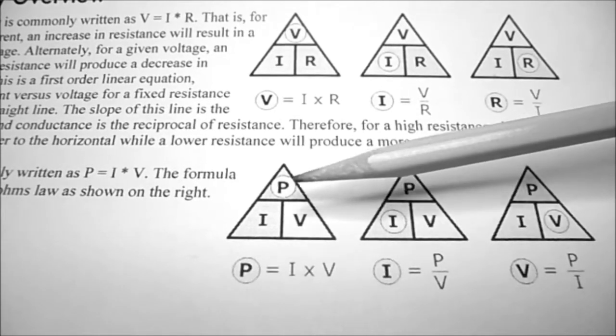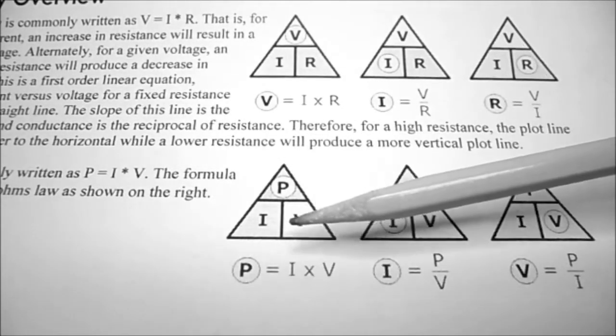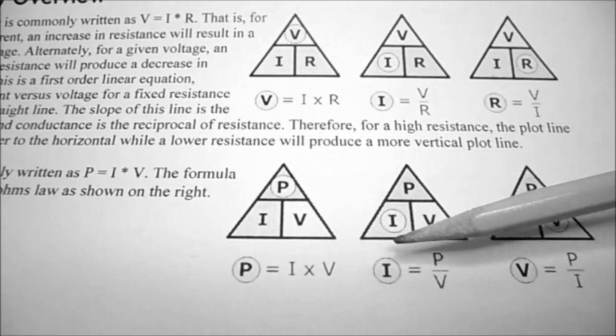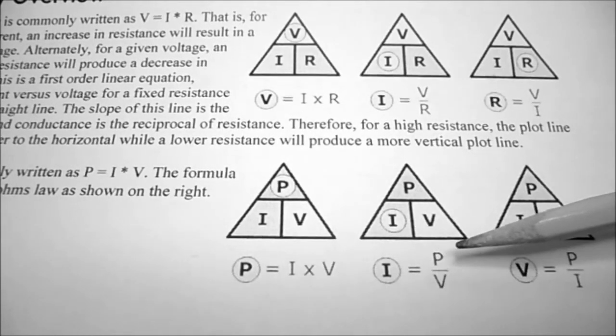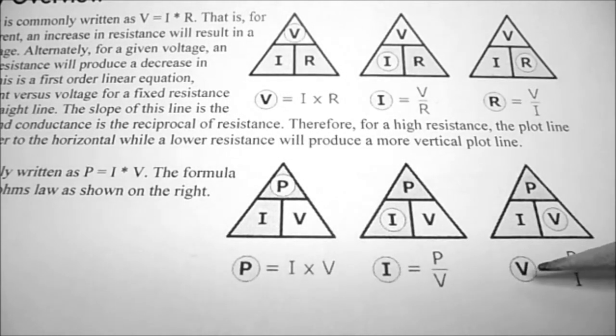Now the power formula is very similar to Ohm's law, but power equals I times V, and can be rearranged for I equals power divided by voltage, and voltage is equal to power divided by current.